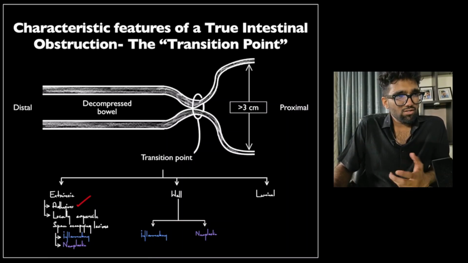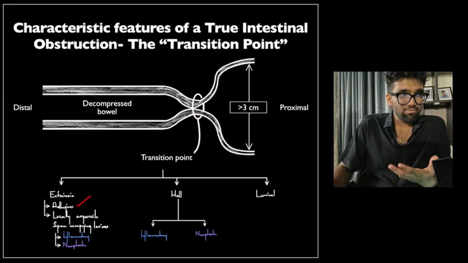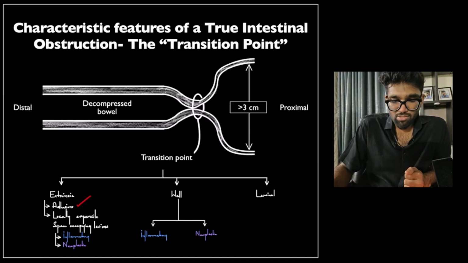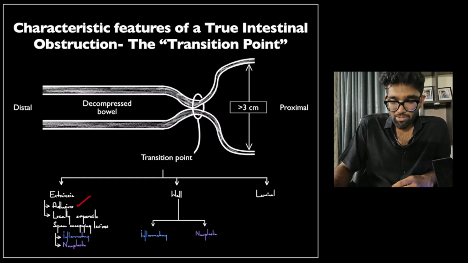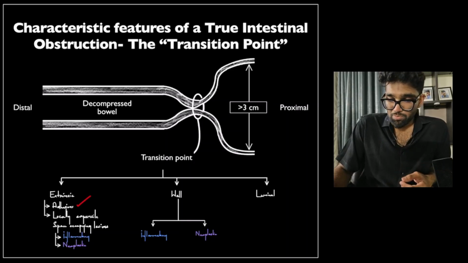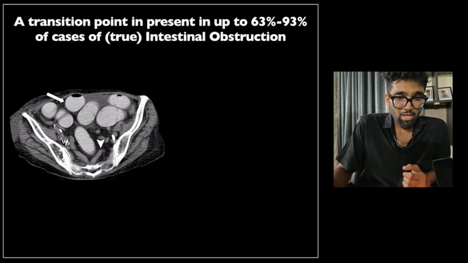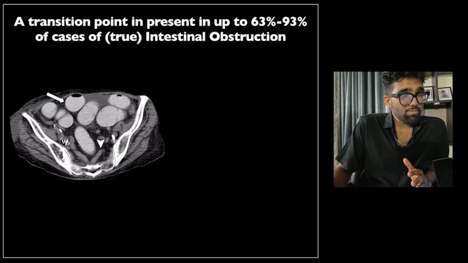I'll not be talking too much in detail about neoplastic disorders because they require further assessment, and we need to discuss the pathogenesis of all of these neoplastic disorders of the gastrointestinal tract separately. So that will maybe be an appendix video in this series, but we'll talk about the inflammatory disorders and acute mesenteric ischemia. Now, see, the transition point is present in 63 to 93% of cases of actual intestinal obstruction.